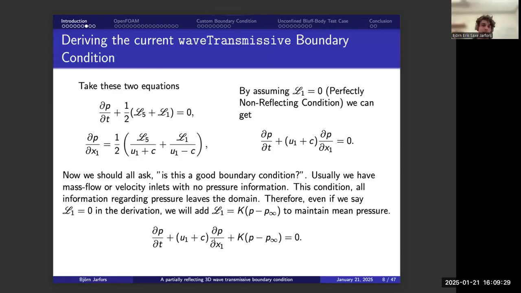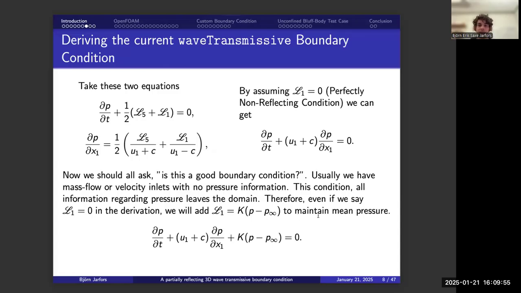And if we take the pressure equation in terms of the primitive variables together with the boundary normal gradients, we can assume, for example, a perfectly non-reflecting condition where we set the L1 characteristic wave to 0, which is the inwards propagating information at the outlet.